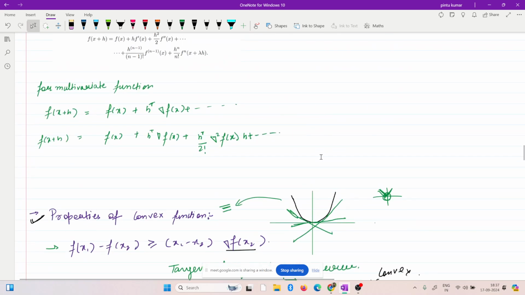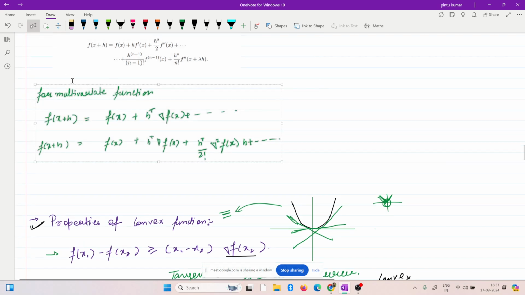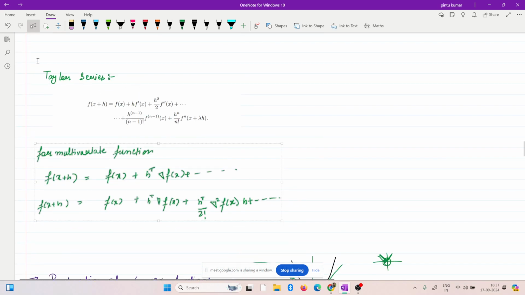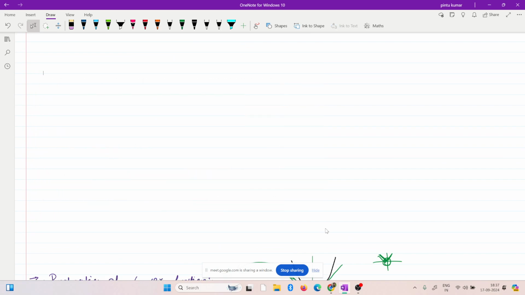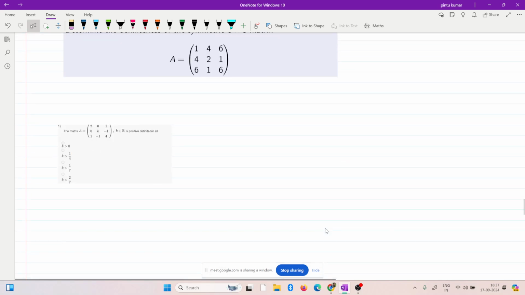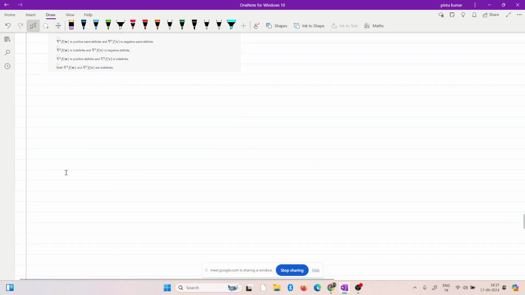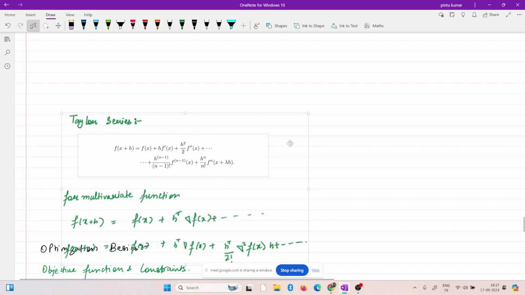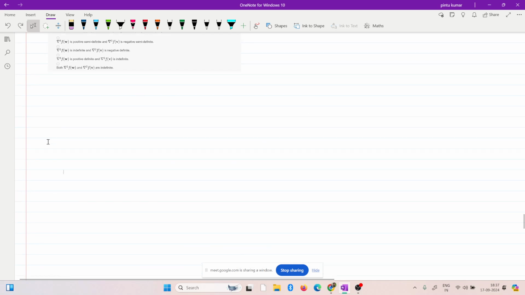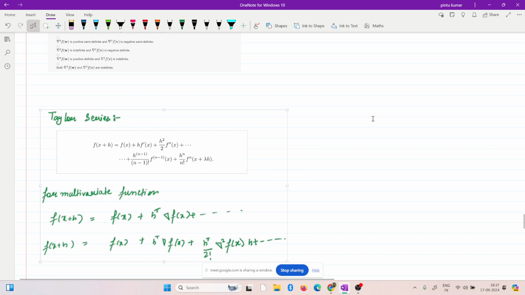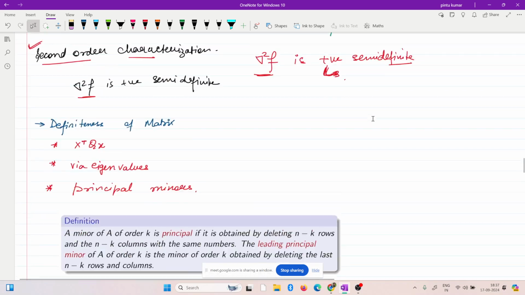Any doubt in whatever we discussed till now? Convex function, characterization of convex function. We'll solve some examples now, but before that, any doubt in this? If you have any doubt, you can type it in the chat box or you can unmute and ask.